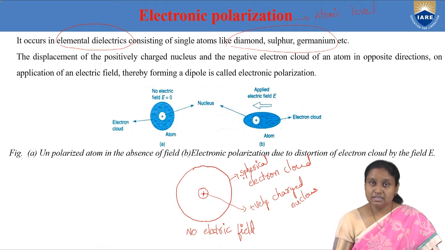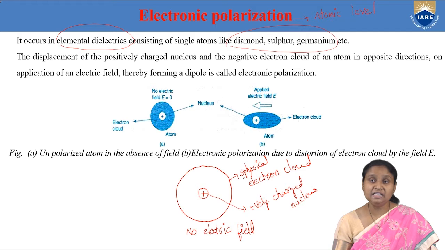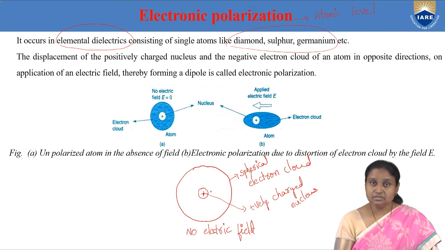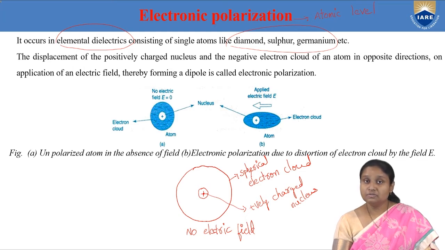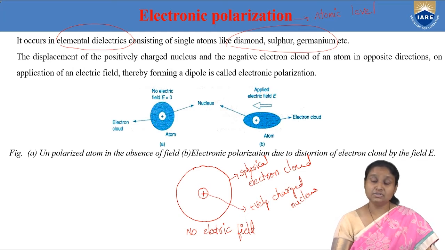So once we apply an electric field to such elemental dielectrics, the nucleus is not going to move from its place, but there is displacement of the spherical electron cloud. Why is it moving? Because it is easy for the electrons to move, and it moves in the direction opposite to the field.